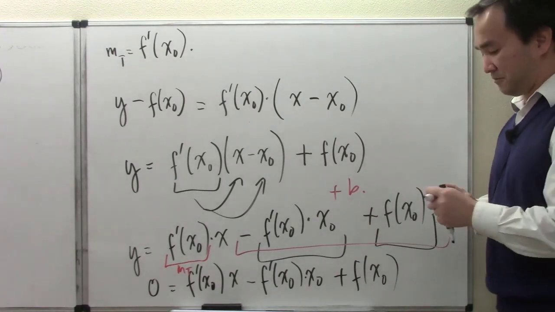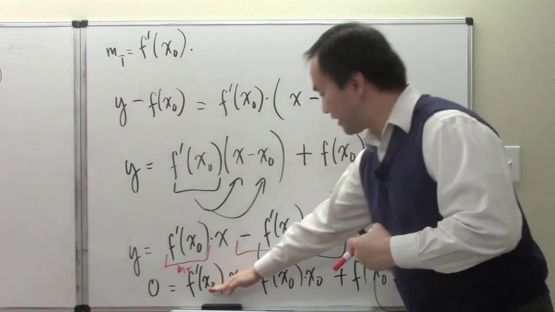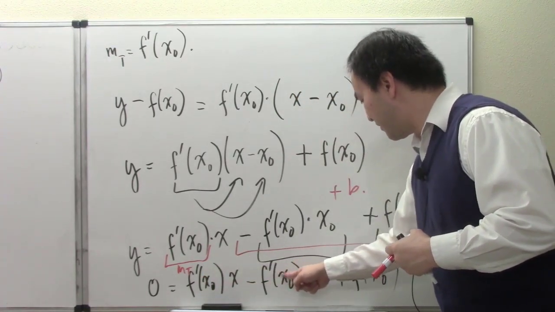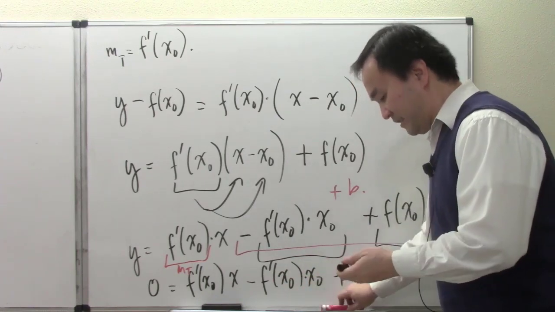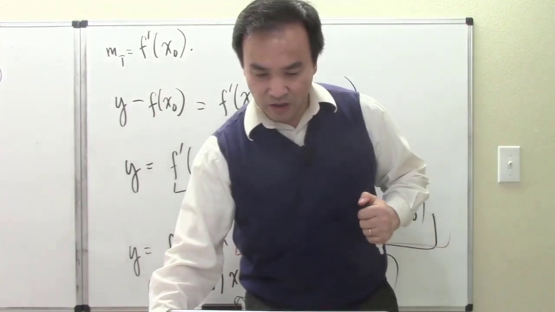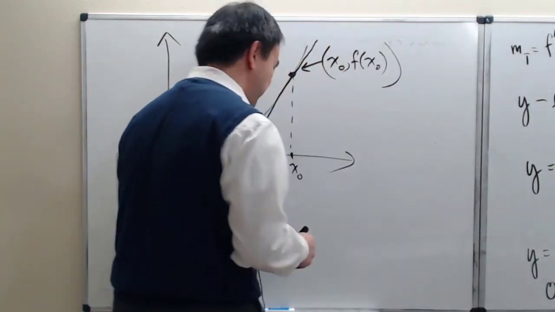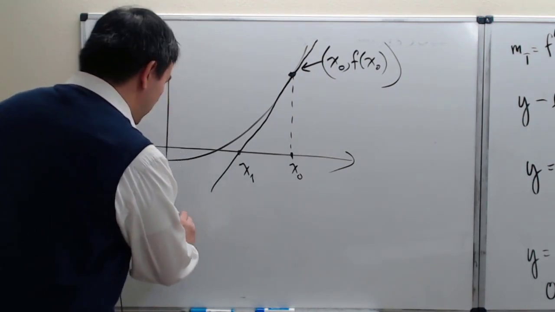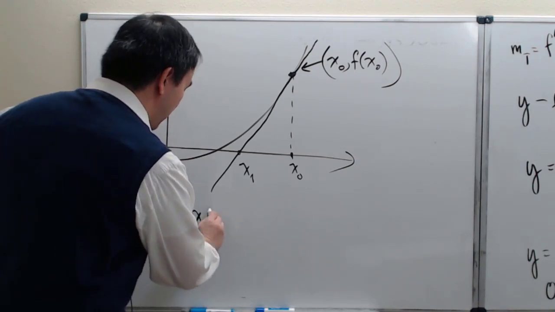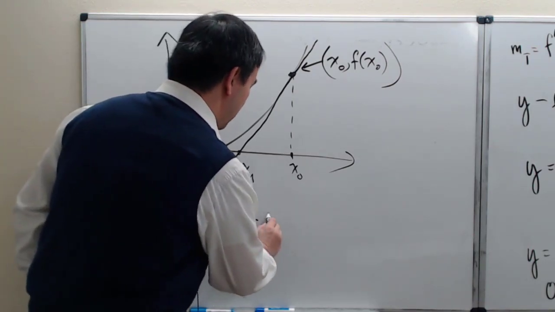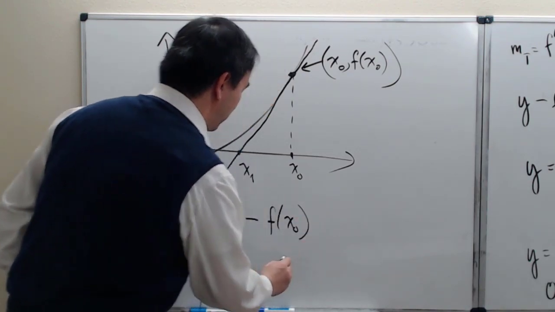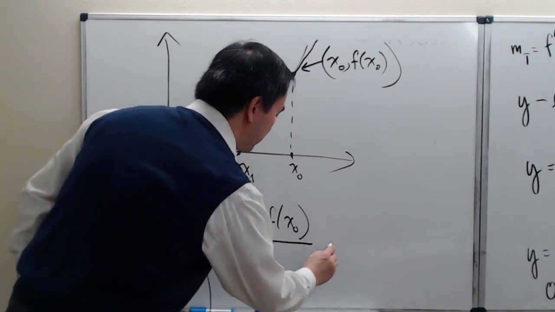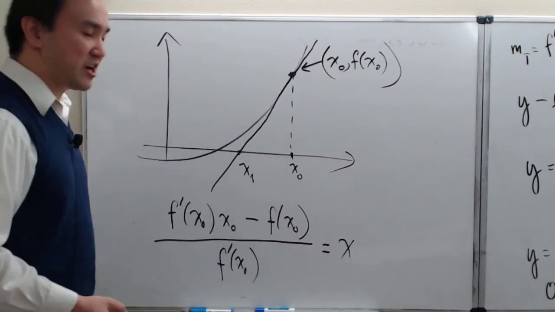When we arrive at this equation, f′(x₀) times x minus f′(x₀) times x₀ plus f(x₀) equals 0, then in my next step, solving for x, it turns out easily that we're looking at f′(x₀) times x₀ minus f(x₀), and we're dividing all that by f′(x₀) to equal x, by simply rearranging our equation.